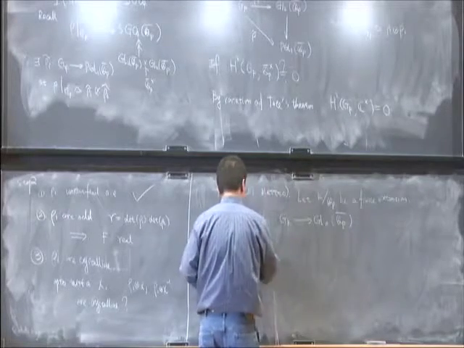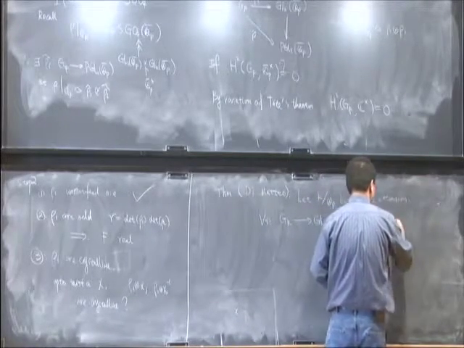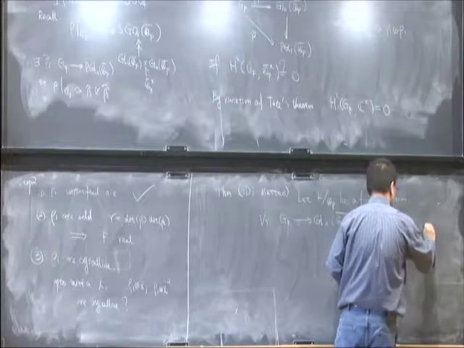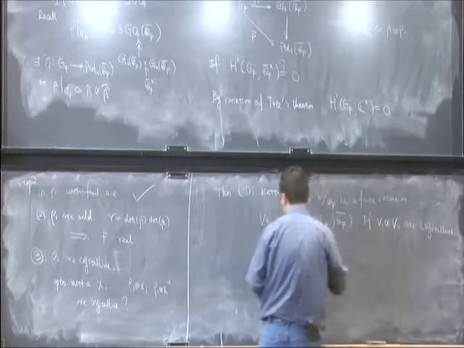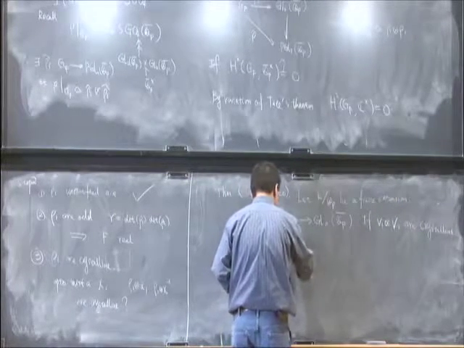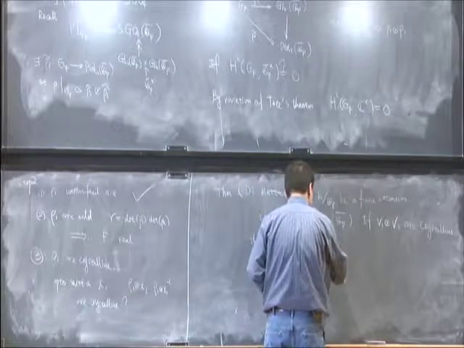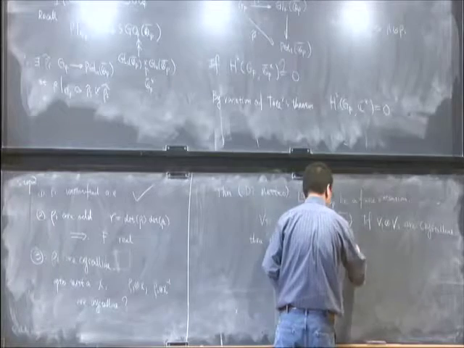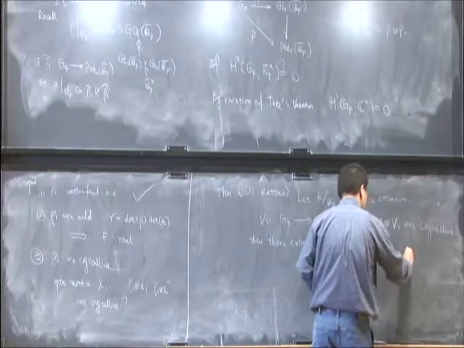If V1 tensor V2 is crystalline, then there exists a character chi such that V1 tensor chi and V2 tensor chi inverse are crystalline.